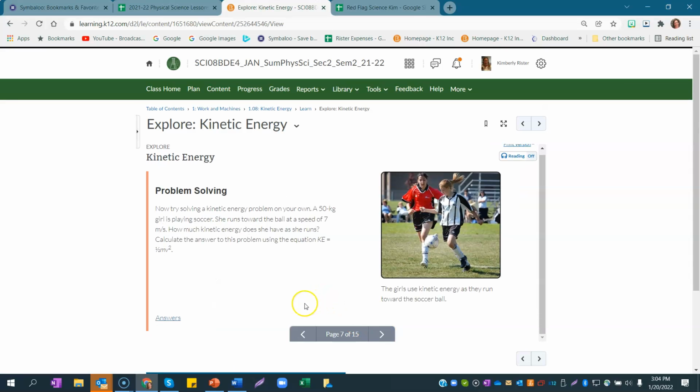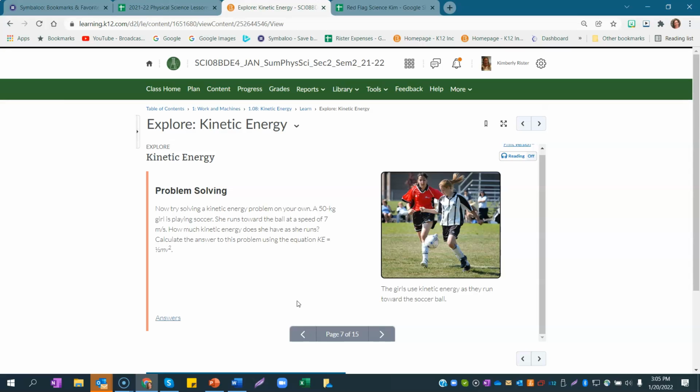So we're going to try another one. You've got a kinetic energy problem to solve on your own, so you want to put it in your notes. It says a 50-kilogram girl is playing soccer. She runs towards the ball at a speed of 7 meters per second. How much kinetic energy does she have as she runs?